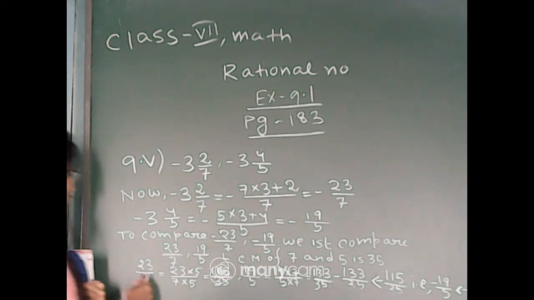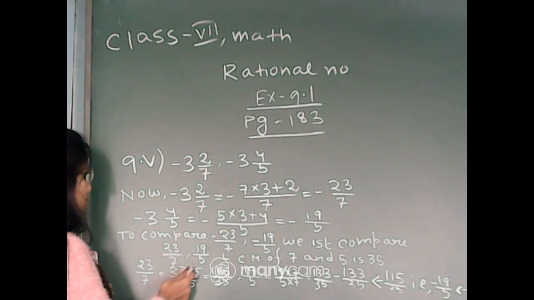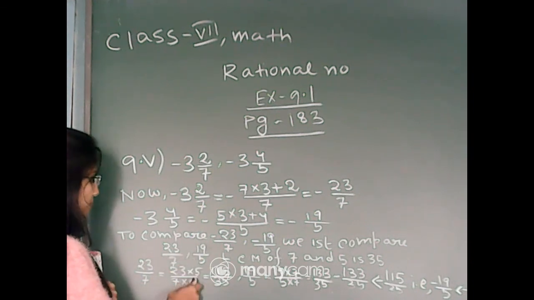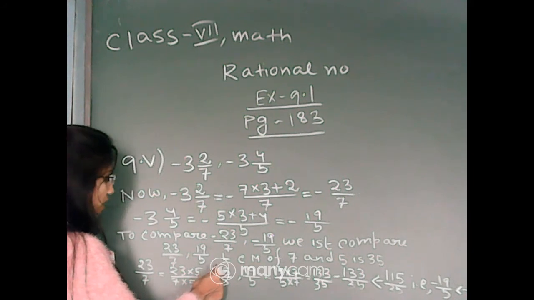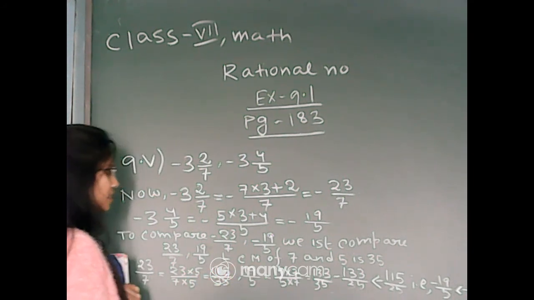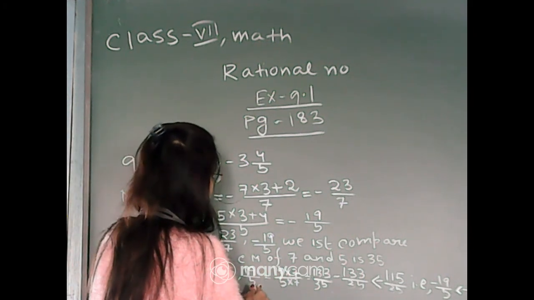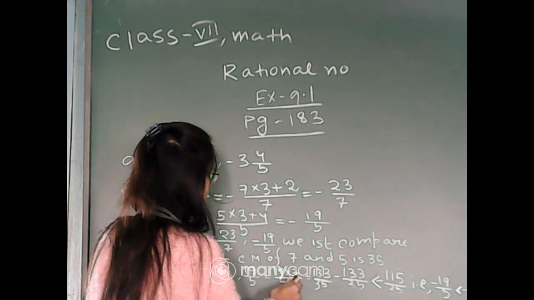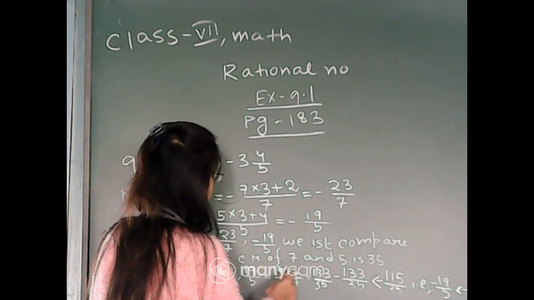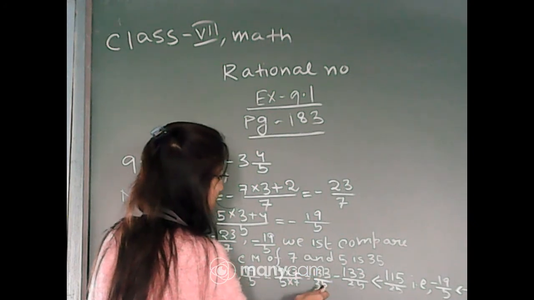Therefore, to make the denominator 35, we multiply both the numerator and the denominator of this fraction by 5, and we get 115 divided by 35. And to make the denominator 35, we multiply both the numerator and the denominator of this fraction by 7, and we get 133 divided by 35.